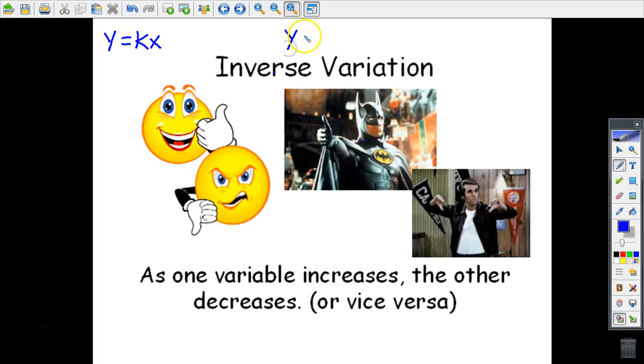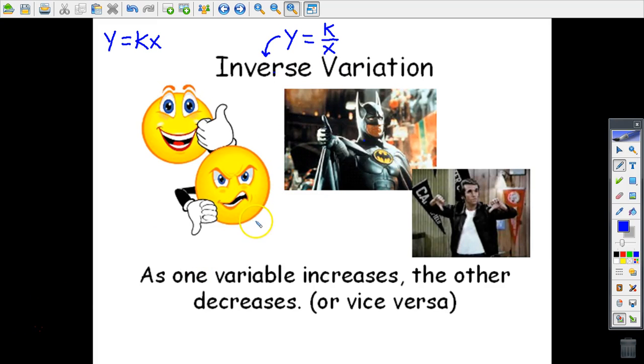It will involve the opposite operation of multiplication, which is division. All right, so this is the equation in general for inverse variation, or we sometimes say, this is the function for inverse variation.